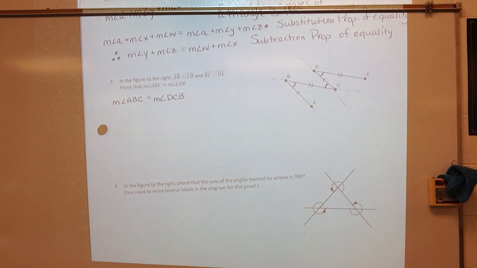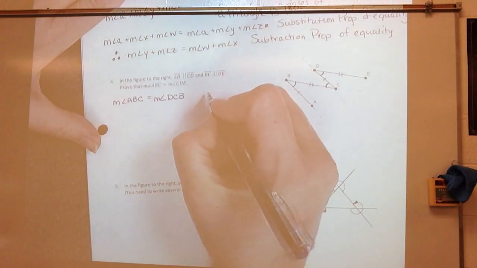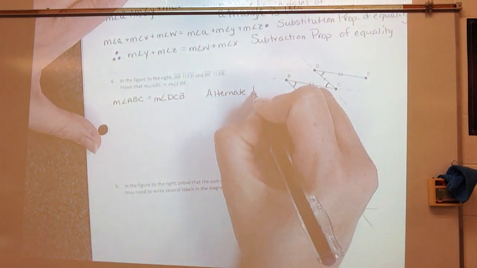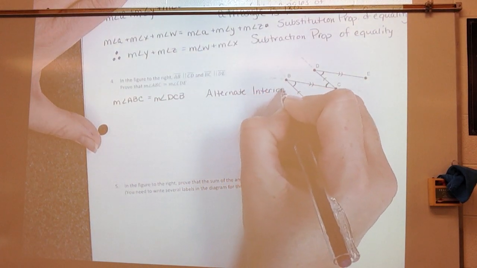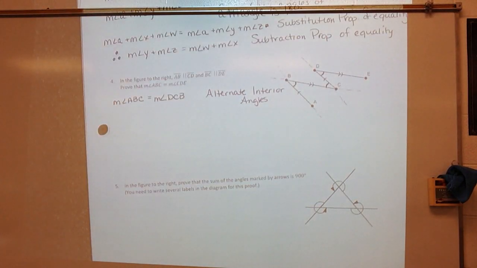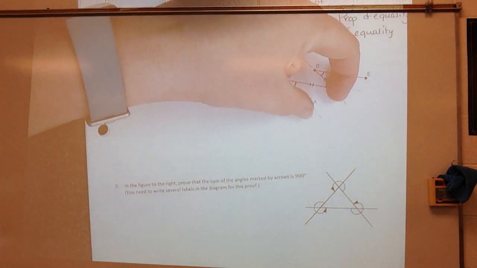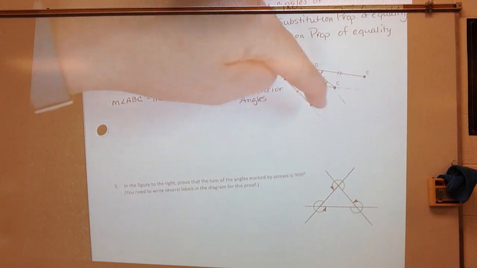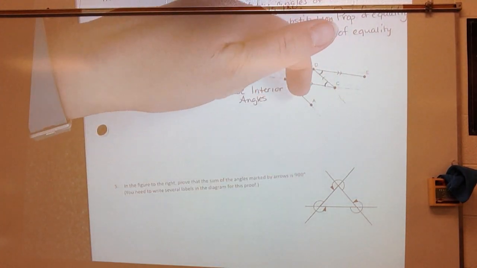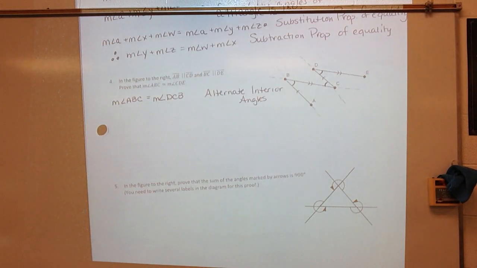Because when two parallel lines are cut by a transversal, alternate interior angles are equal in measure. And we're just going to write alternate interior angles. All right? Alternate interior angles are equal. And that's what these are. They are alternate interior angles on the inside of the parallel lines and opposite sides of the transversal.